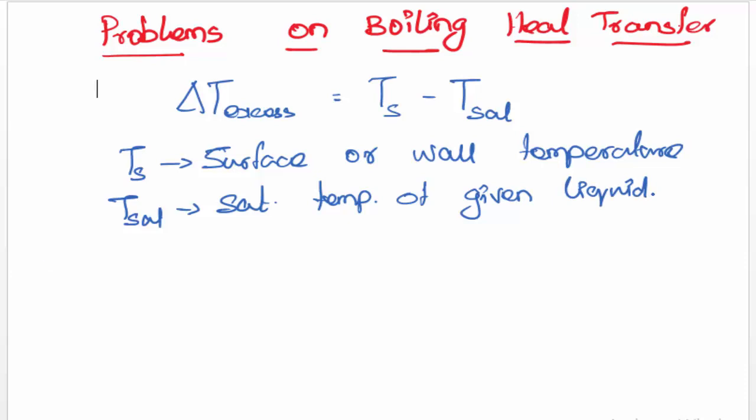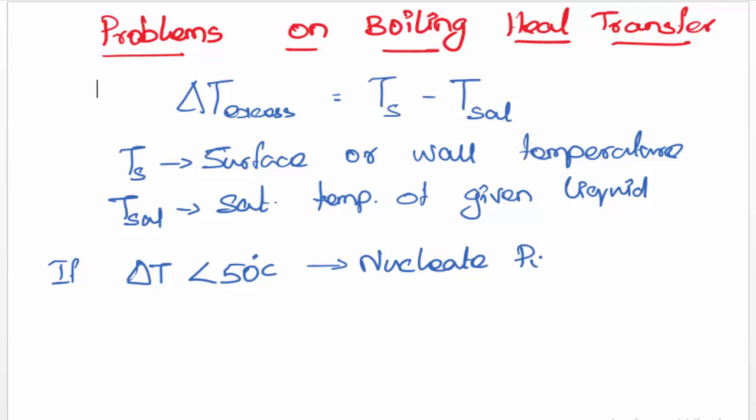While solving the problem, you have to first find out the del T excess value. If del T is less than 50 degrees Celsius, then the problem is said to be nucleate pool boiling.